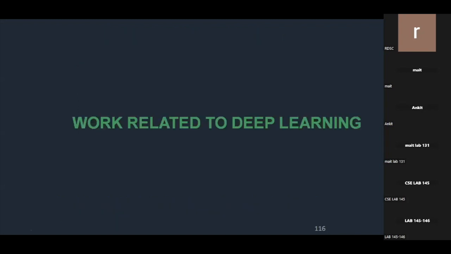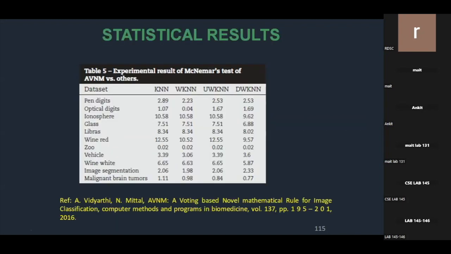These are the phases in which we have worked in a machine learning environment. For feature extraction, we proposed two algorithms. For feature selection, we also proposed one algorithm, but we haven't included that part. For the classifier, we designed our own. In segmentation, we have done two algorithms.